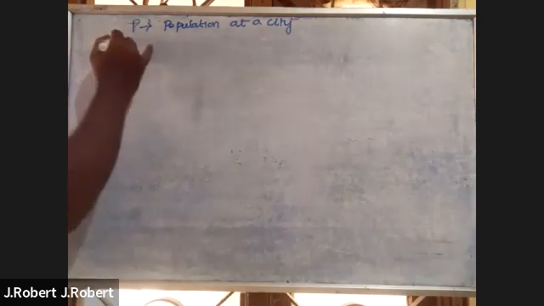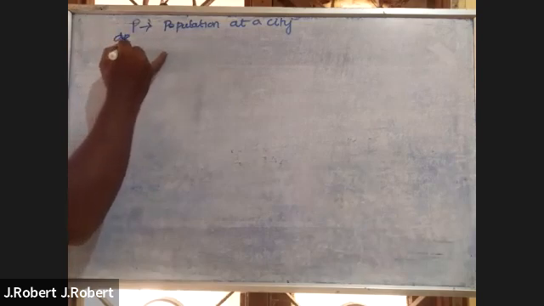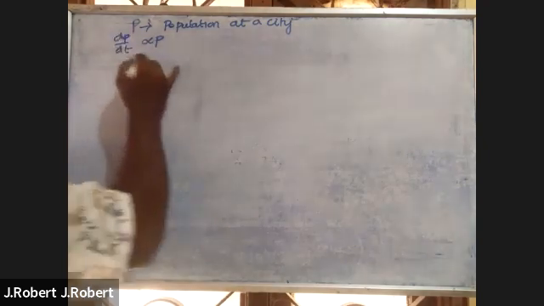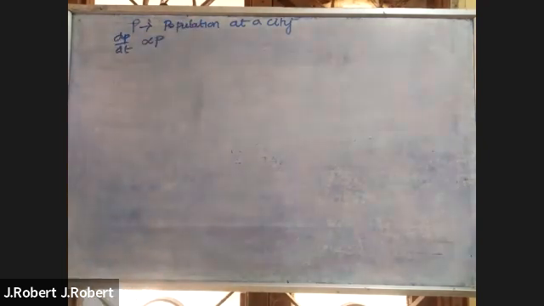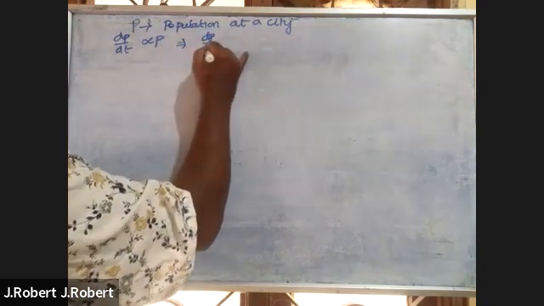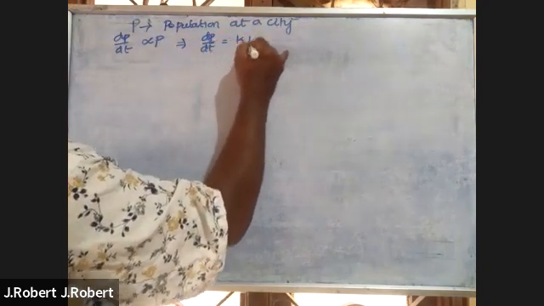According to the problem, it is given that dp by dt is proportional to the population. If dp by dt is proportional to p, you can write this, removing the proportionality constant, dp by dt is equals to k into p.